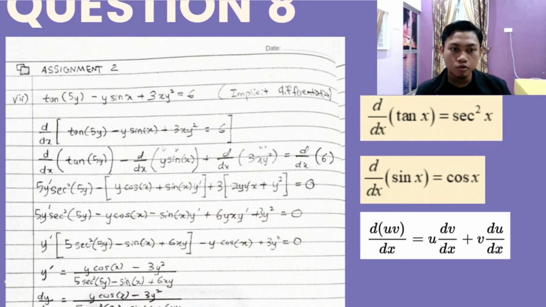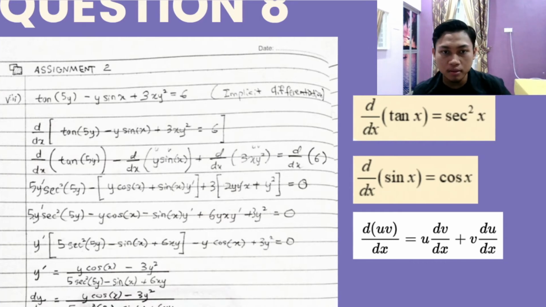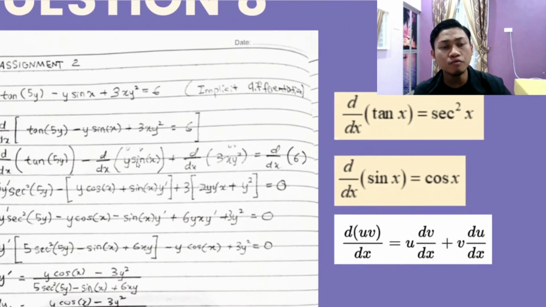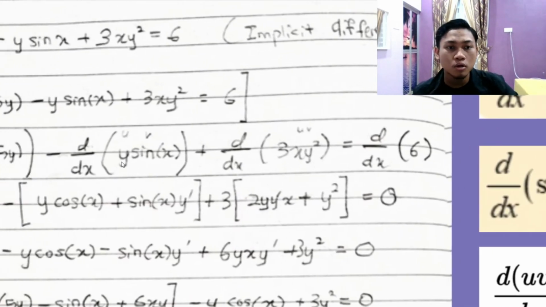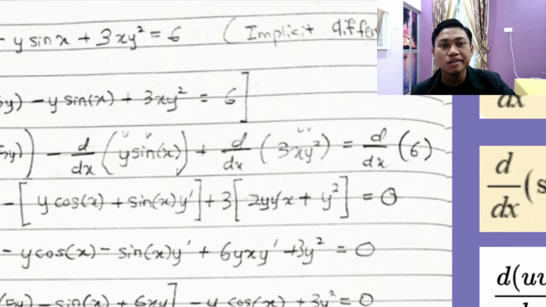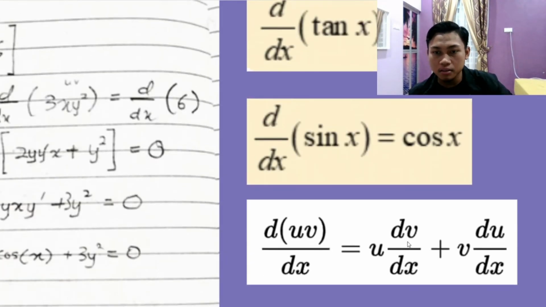Okay, so let's go to the second part, which is differentiation of y sin x. In this part, we need to use the product rule, because we have two variables multiplied together. So we let one of them become u and let one of them become v. And in this case, I make my u equal to y, and my v, I let it equal to sin x. Alright. So right here, we just apply this formula.